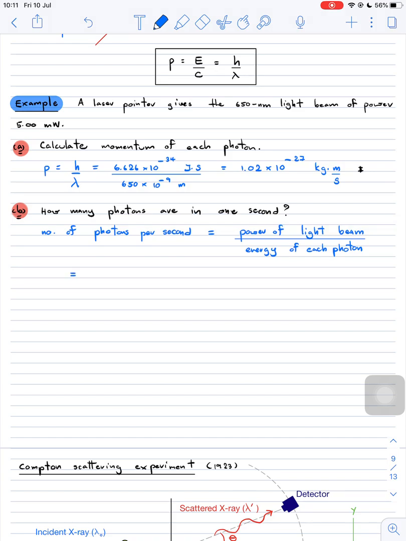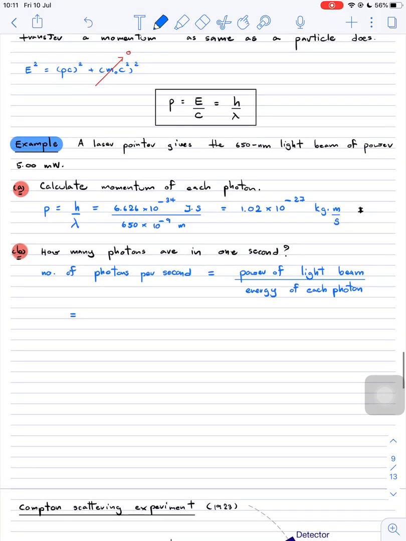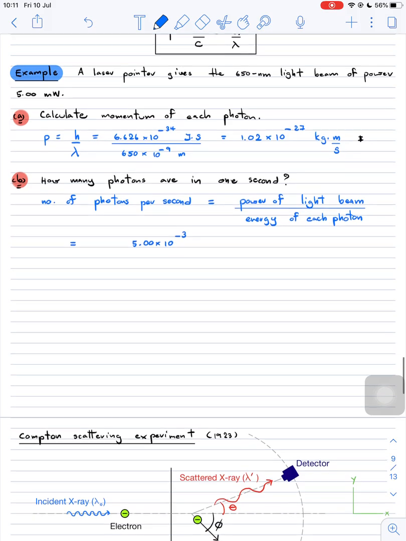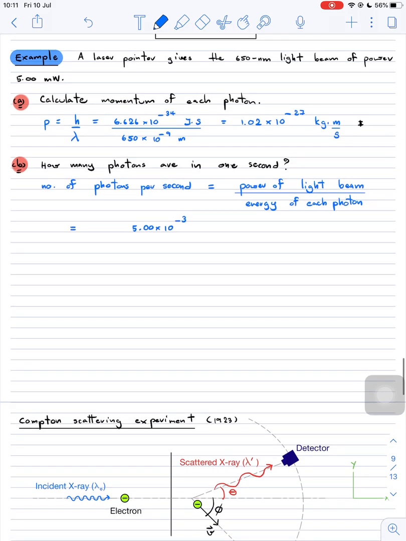The power of the light beam is 5 milliwatts, so let's write 5.00 times 10 to the negative 3 joules per second, over the energy of each photon.